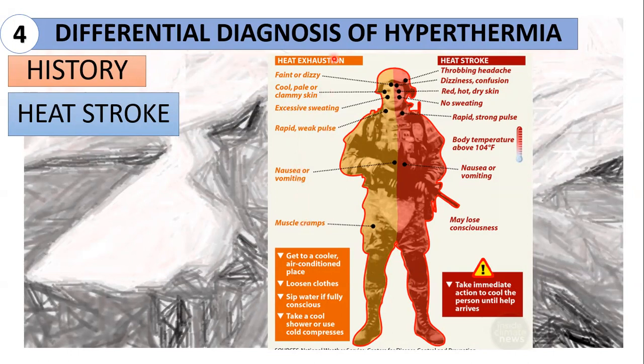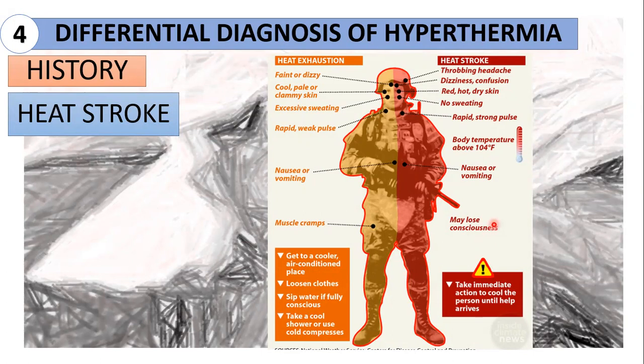From heat exhaustion, it will go to the extreme end of heat stroke, where the patient will first experience throbbing headache and then dizziness and confusion. You would see them having a red, hot, dry skin. There would be no sweating, still with rapid, strong pulse, and the body temp would be elevated with nausea and vomiting. And lastly, they may lose consciousness.